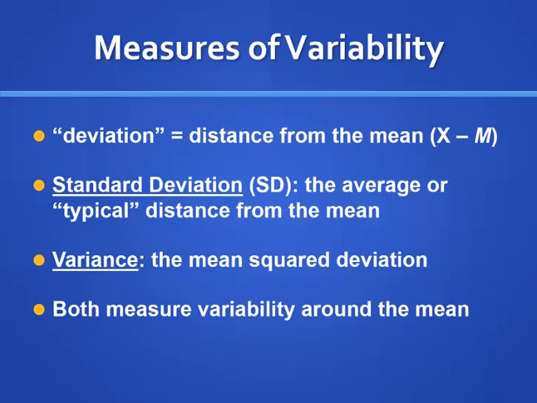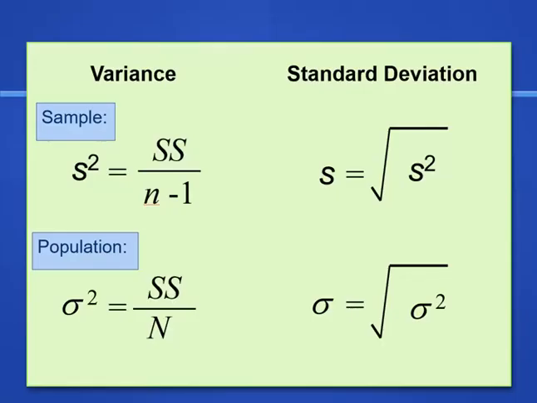So the standard deviation of 110 means 110 milliseconds. So on average, the reaction time of this sample would probably be about 220 milliseconds with a 110 millisecond standard deviation.